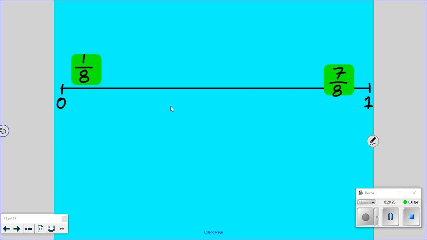Grab a new blank sticky note. On our new blank sticky note, I want you to write the fraction 1/4.